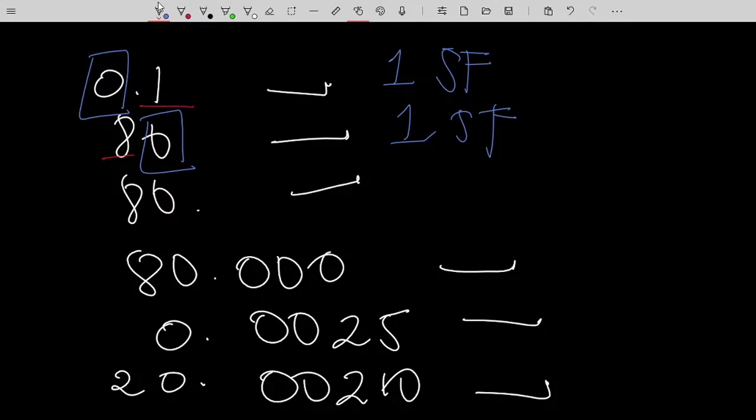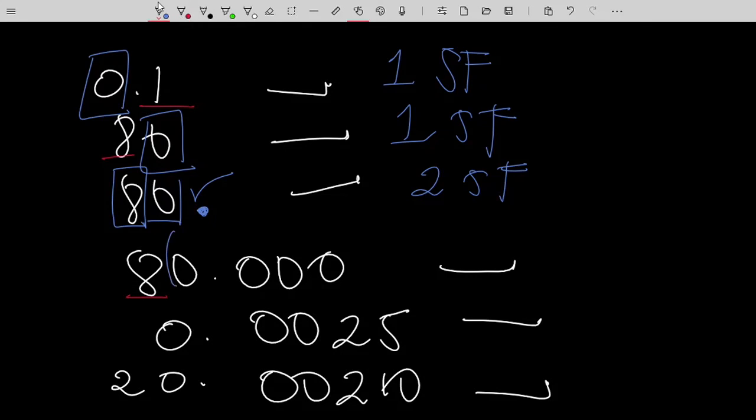Now what if we place a decimal point here? Then applying one of the rules, when a 0 is placed right before a decimal point with a leading non-zero, then this 0 will be significant. So here we have 2 significant figures. For the next example, we have 80.00. Now count first all the non-zeros. We have your 8.